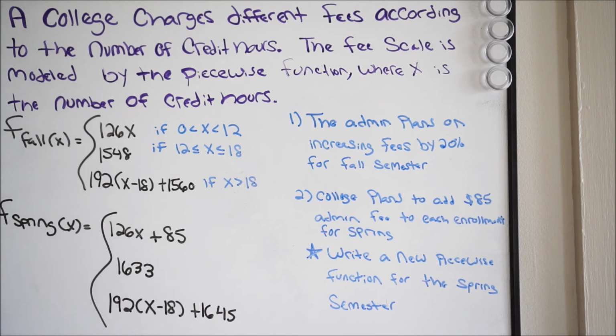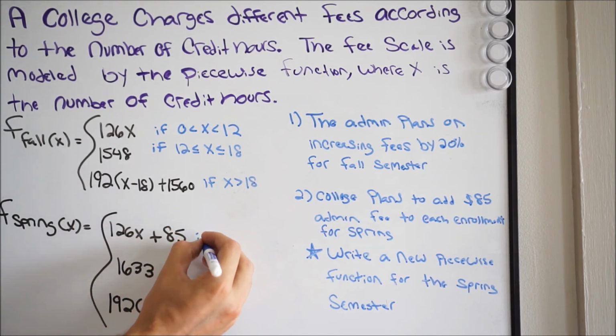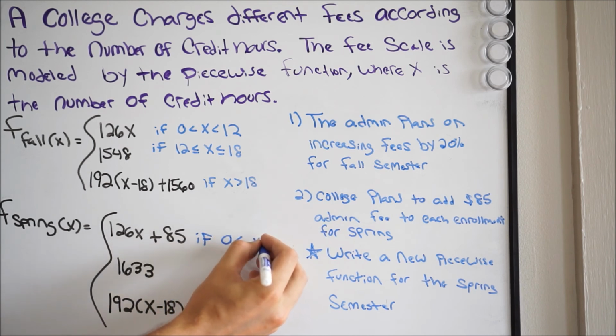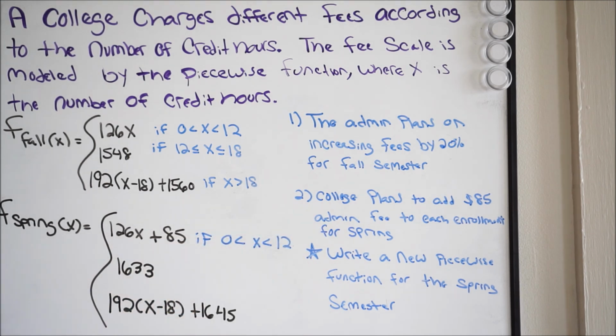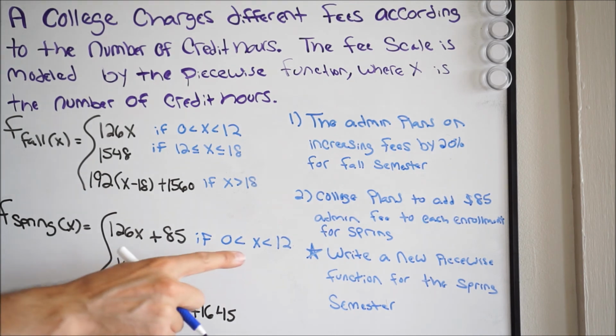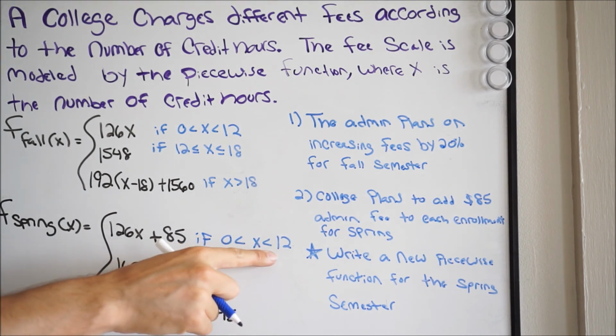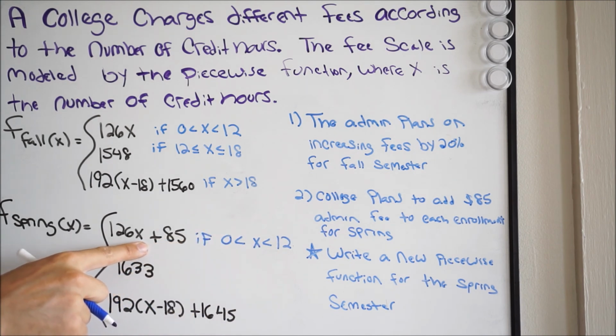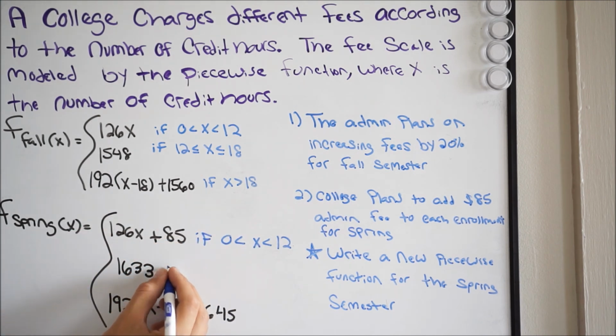We'll write our rules, again, staying the same, unchanging. What this says is, if your credit hours are greater than 0 but less than 12, this is the function you're going to use for the spring. Let's see the next one.